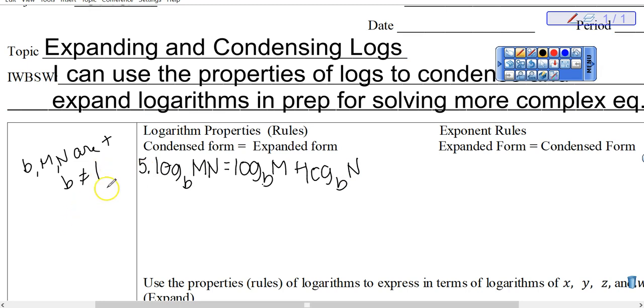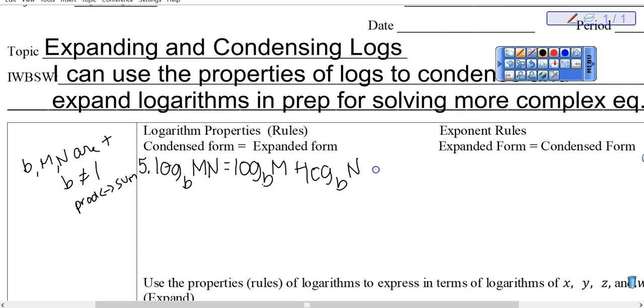And this is considered the product to the sum. It can go either way, which is why I made the arrow double-sided. Sometimes you get the equation in expanded form and you want to condense.